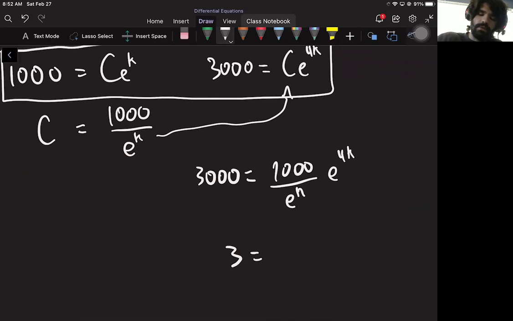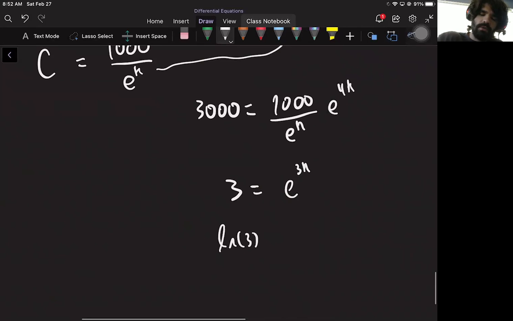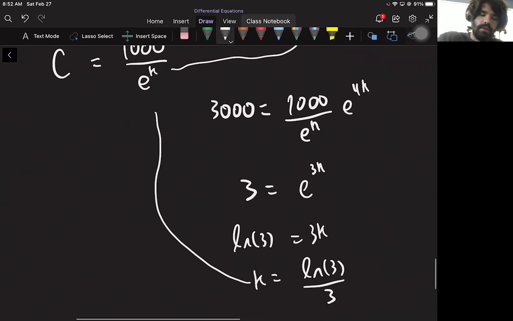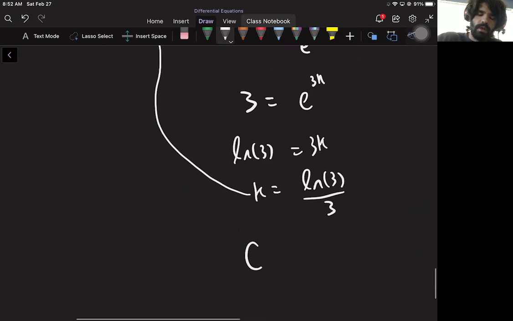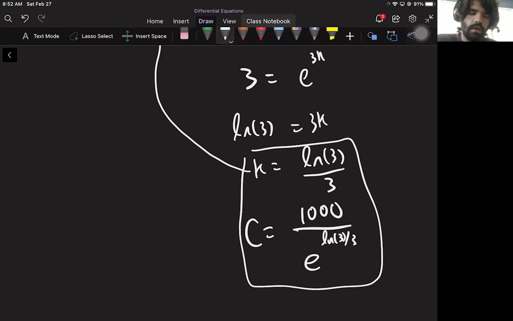So we get 3 equals e to the 3k once I simplify. ln both sides, and I finally figure out k is ln of 3 over 3. And then if I put that back in here, I get that c is 1,000 over e to this number, which you can simplify if you're comfortable with logs, then go ahead and do that. But I'll just leave it so I don't scare anybody too much.